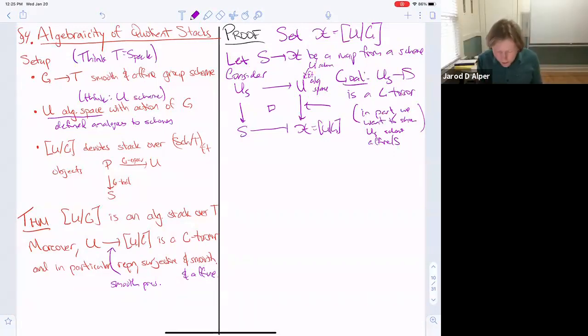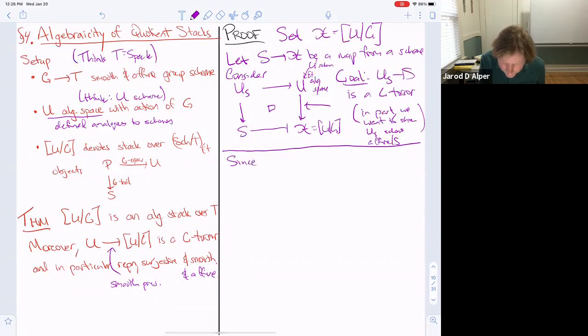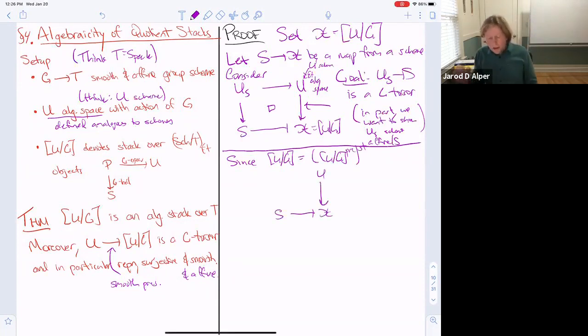All right, and now what do we know? Well, we know that this quotient stack is the same as taking the pre-stack and taking the stackification. So what that means is, if I have S to X and I have this presentation, there actually exists some étale cover S' and a morphism to U such that this commutes.